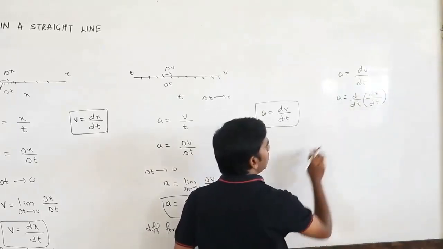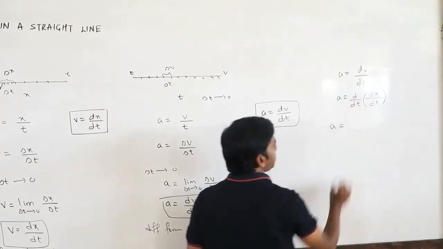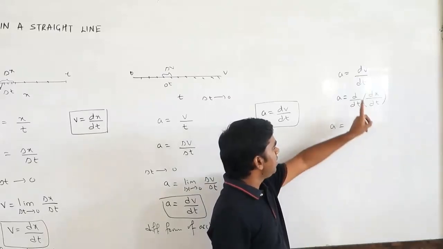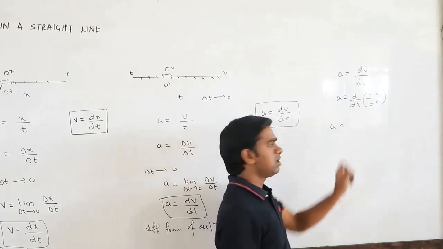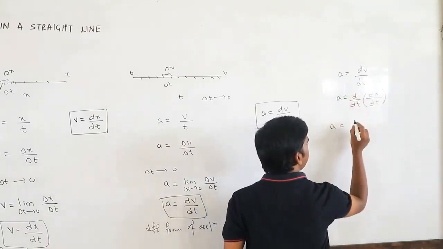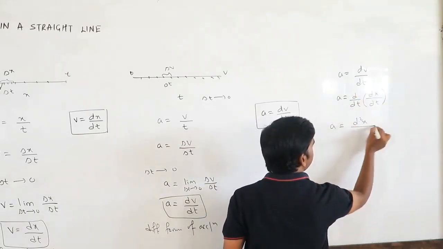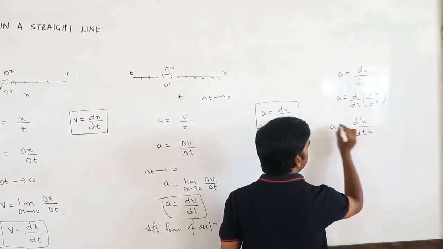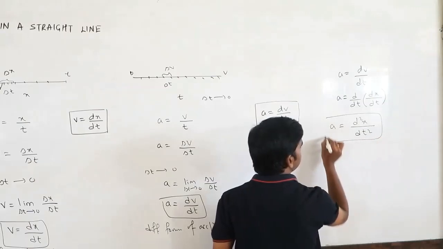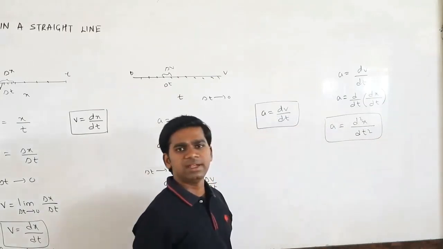Remember, we cannot write here d square x by d square t square. What we can write is d square x divided by dt square. So acceleration equals d square x divided by dt square.